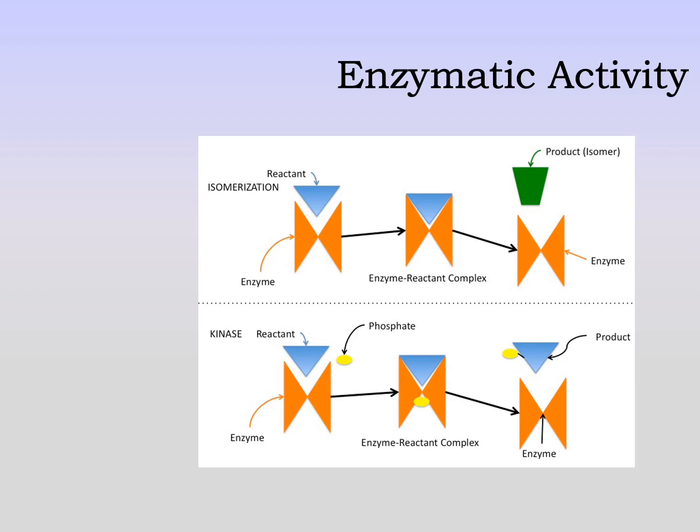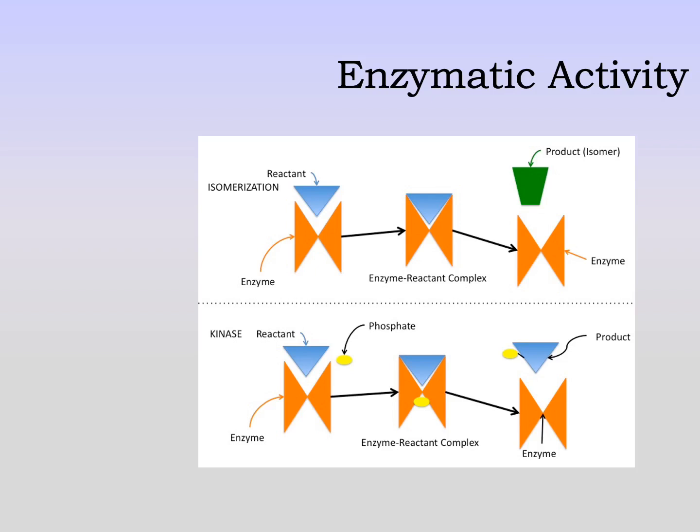When we're looking at isomerization, the reactant will sit inside the enzyme. The enzyme will do a torsional change, its conformational change, and as it changes, it stretches out and reconfigures. Whereas with kination, I actually have a binding site for phosphate and a binding site for the reactant.